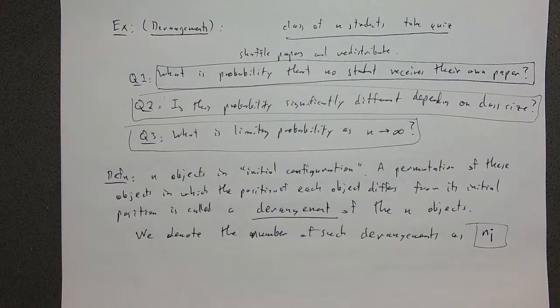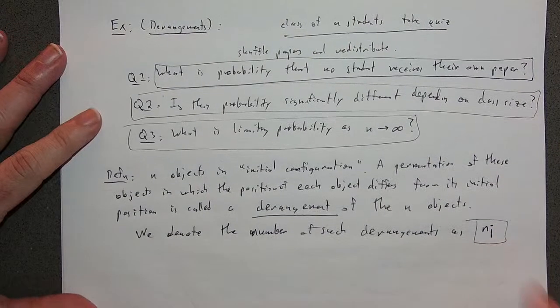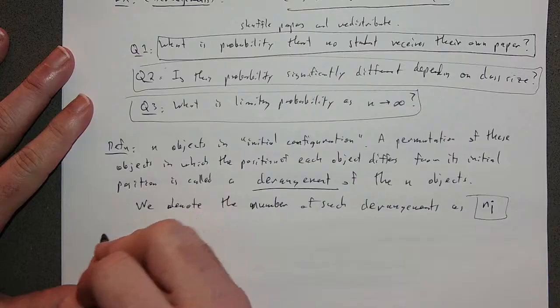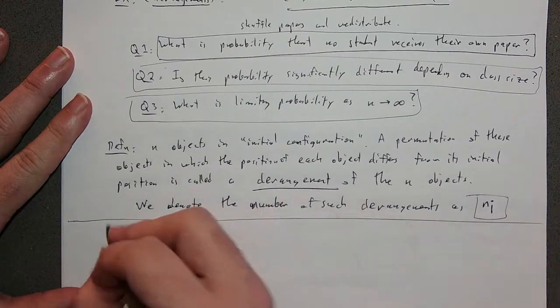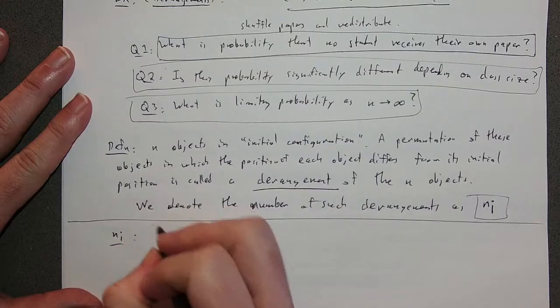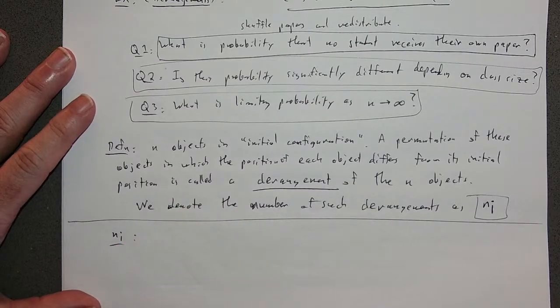And so this is what I'm actually interested in computing here. So let's do this for small numbers of objects. What about the number of derangements of, say, 0 objects?